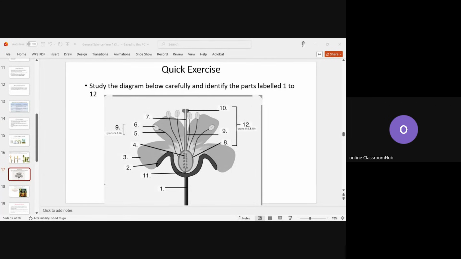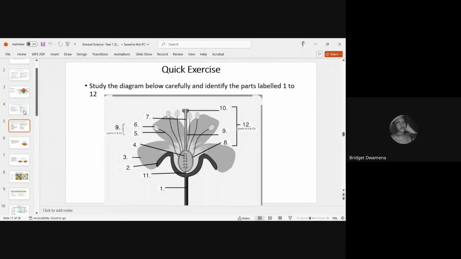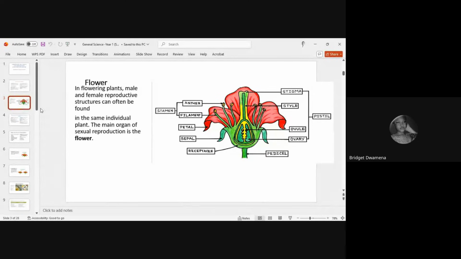Are you okay with that? Yes, sir. So pedicel is here. The receptacle, the sepal, the petal, the filament, the anther, and then the stamen. Then we have the kidney.